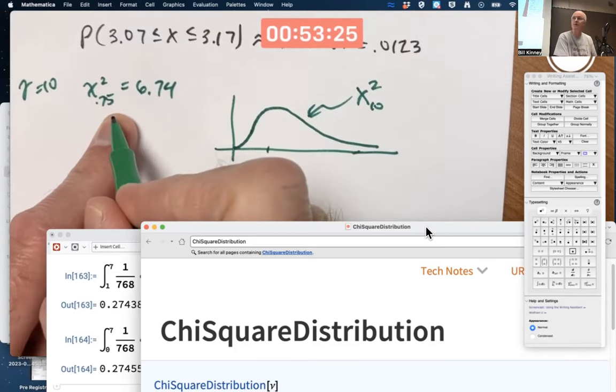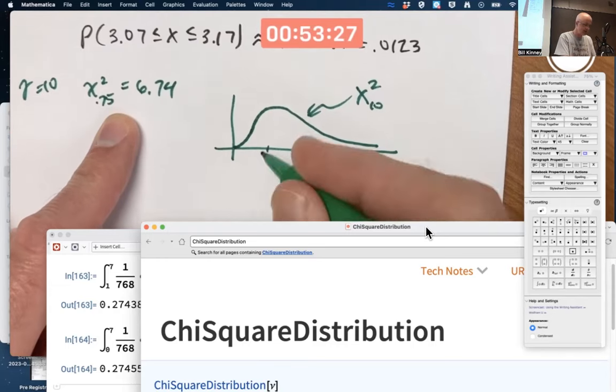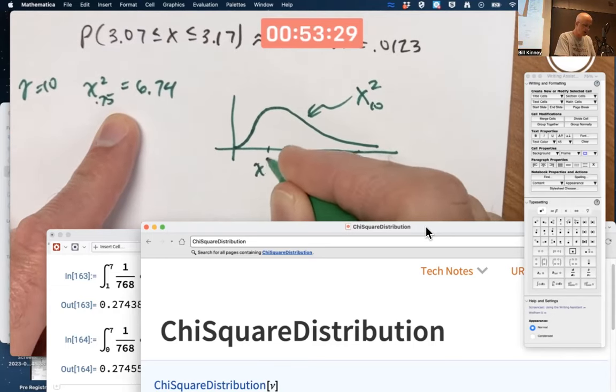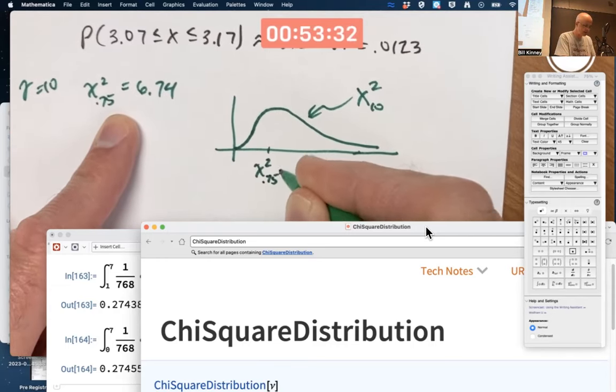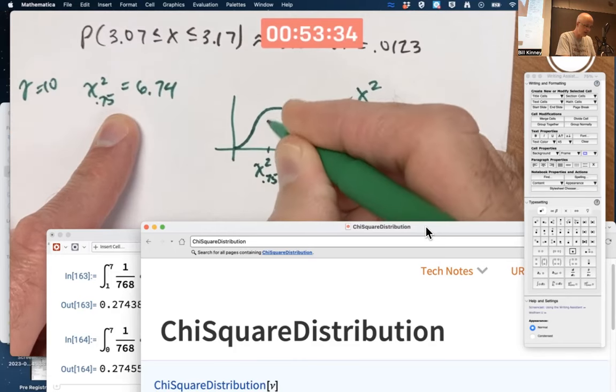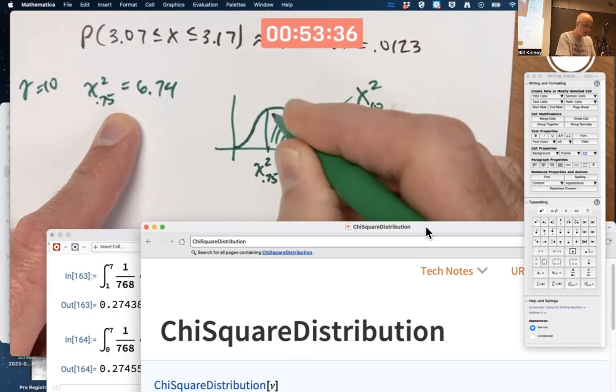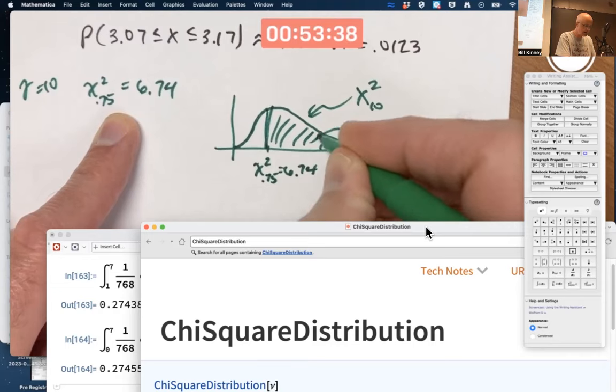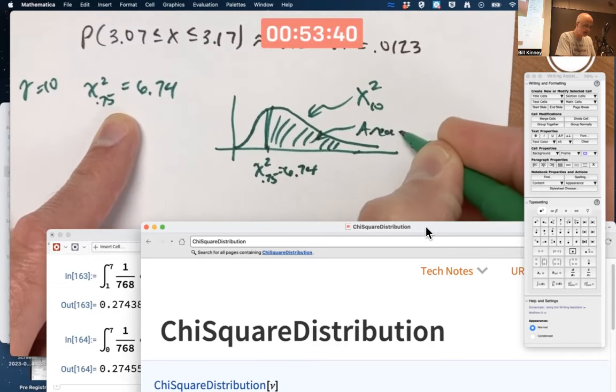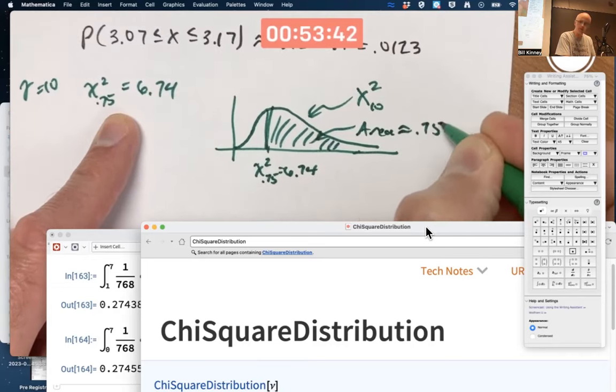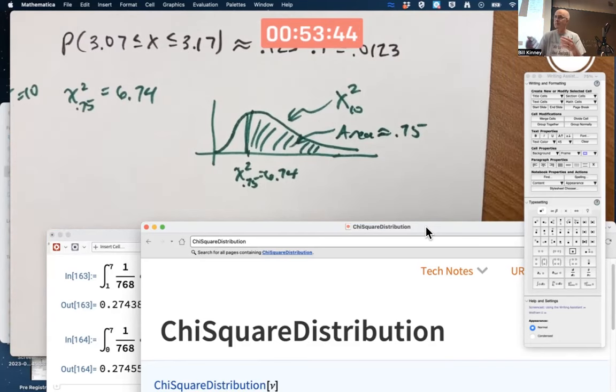But the subscript refers to an area to the right. So chi-squared 0.75 here, the 6.74, is that number, and the area to the right of it is about 0.75, because the area to the left in the table was 0.25. Confusing, but it's the way people use the notation.